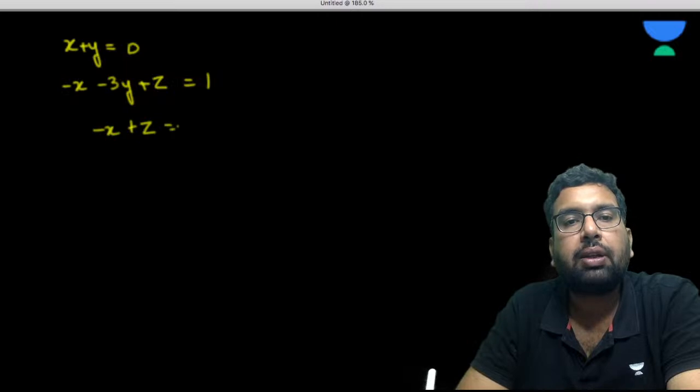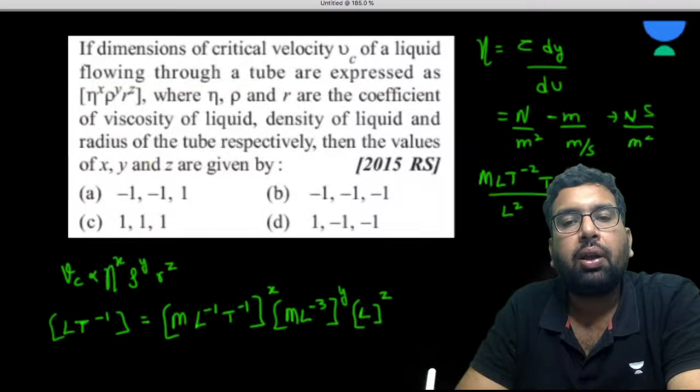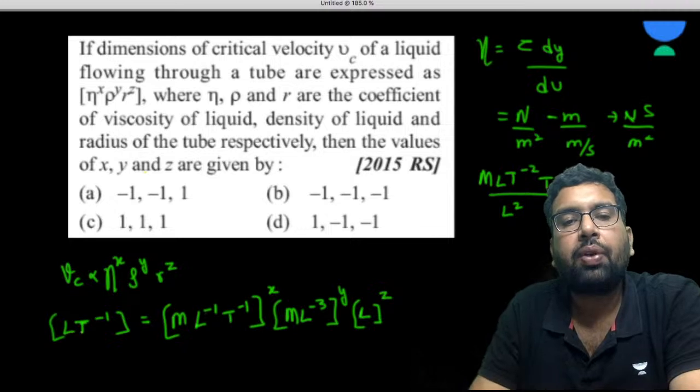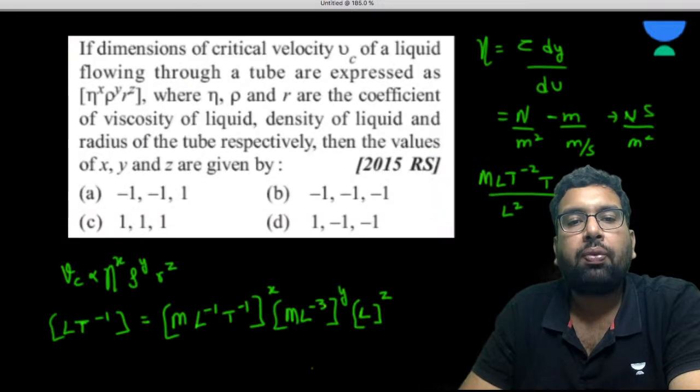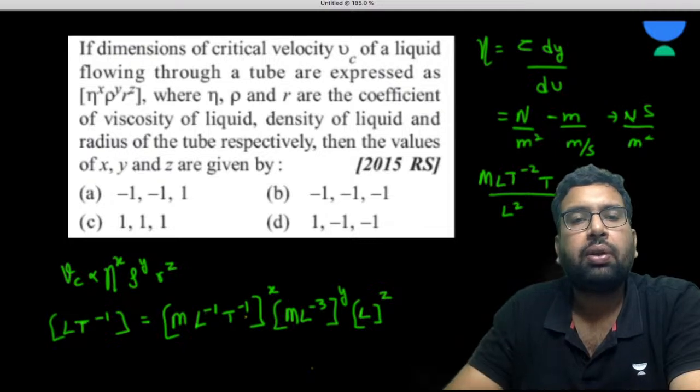Here I'm comparing the power of the same bases. So for L it is L to the power 1, then L to the power minus x minus 3y plus z. And for T, it is minus x. Oh, I was doing it right only.